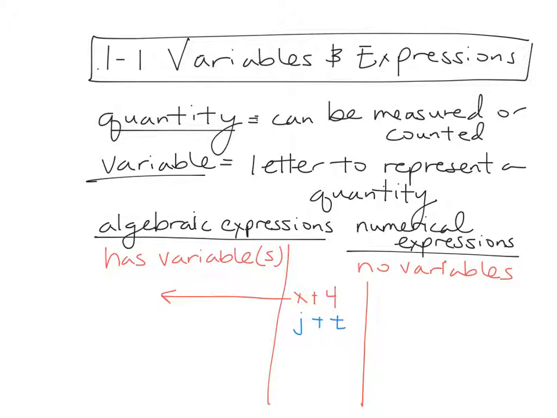What if I did 26 plus 4? That's numerical. There's no variable there. How about 13 minus 2 times 5 plus 1? Numerical. Again, no variable there, right? Okay, so you get the idea, numerical versus algebraic. Questions on that?